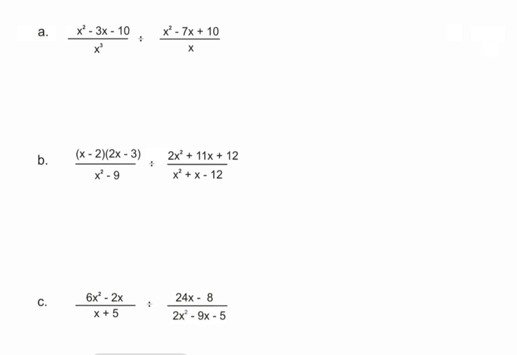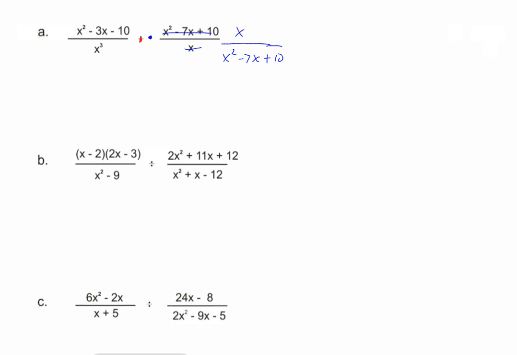I think most think it's safer to change the division to multiplication and to flip it right away. That does make it so that when you factor it, you are ready to reduce. That's probably the better way. But again, it doesn't matter as long as you make sure that you don't reduce until you're on the step of multiplication.